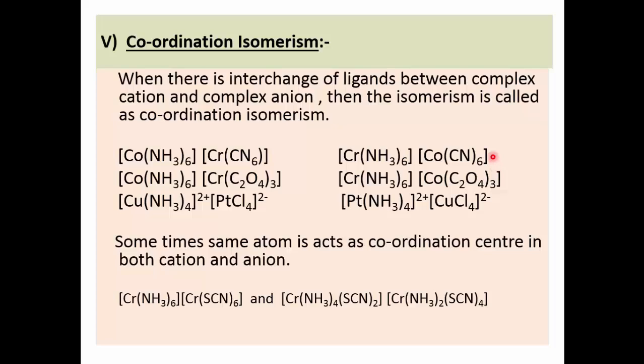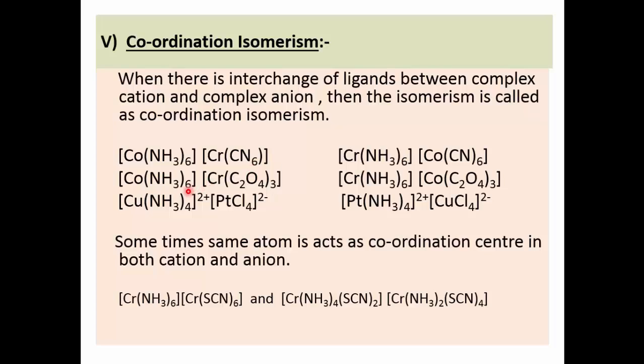That means cobalt is part of the anion. Followed? That means this isomerism is due to interchange of ligands between complex cation and complex anion. So here there is exchange of ammonia as well as exchange of cyanide. Followed? Such isomerism is called coordination isomerism.